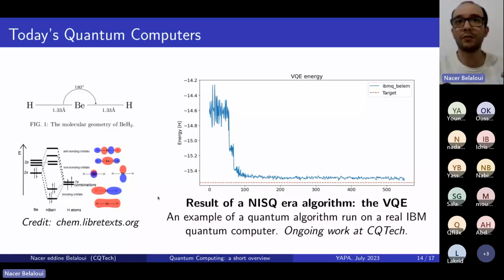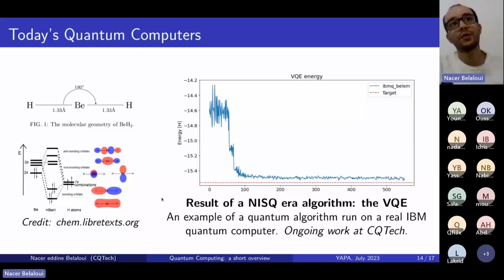Quantum chemistry always starts with computing these energy levels, and the idea is to use today's quantum devices, with a hybrid algorithm called the variational quantum eigensolver, or the VQE, to produce more accurate energy levels than what we have with today's classical computers.